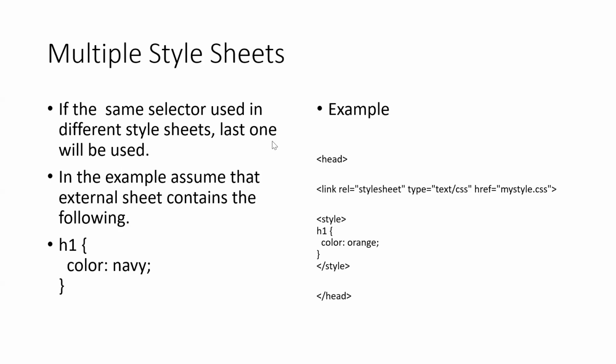Right now, when you have multiple style sheets, then usually, if you are using the same selector, let's say you are using H1 in different style sheets, whatever you use at the end will be used. For example, let's look at the example: we have an external style sheet, and within the style sheet, let's say we have color is navy, that is blue color, one of the variations of blue color.